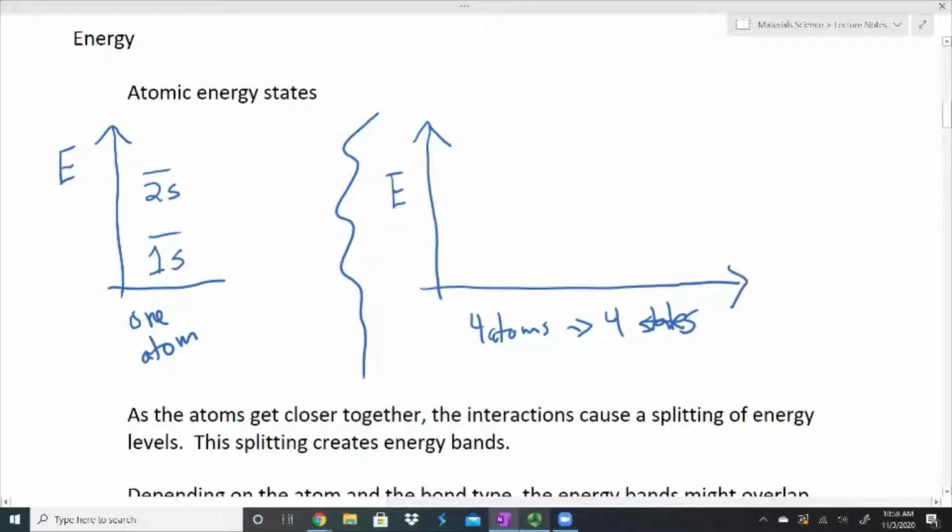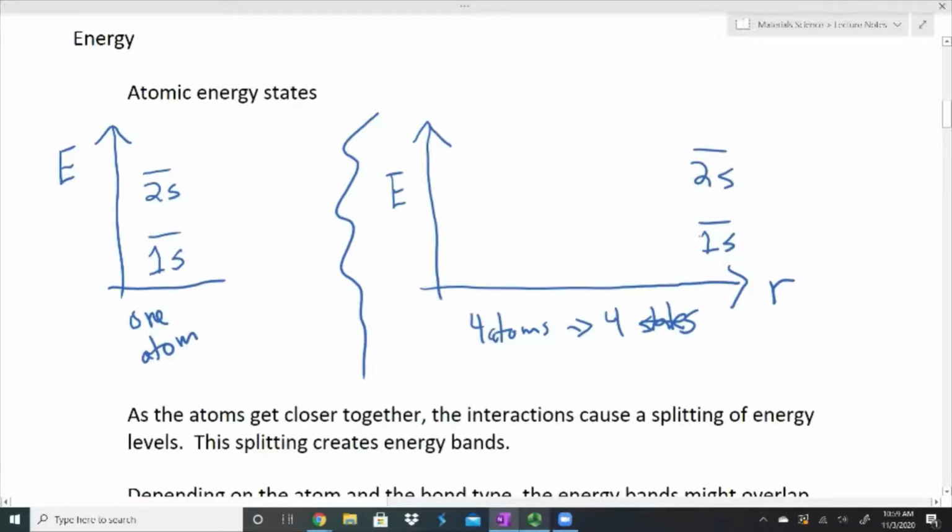I'm going to kind of draw this as a function of the distance that my 4 atoms are away from each other. If they're really, really far apart, they're not interacting at all, and they act like they're not interacting. They just have their normal 1s state and their 2s state.